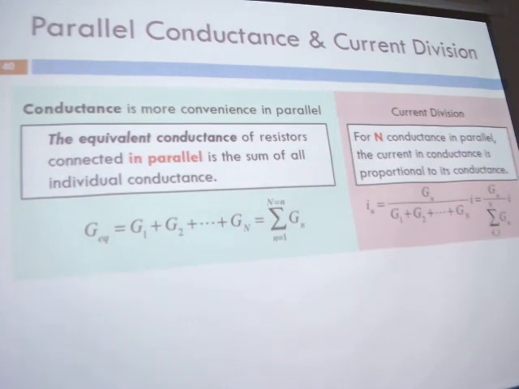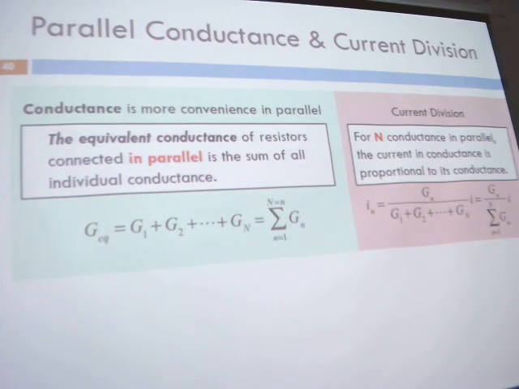And we also can find this expression is the same as the expression of resistances in series, right? Is it the same one? We just change the V to I. Clear? So that means if we use the conductance when resistances are connected in parallel, we have less work to remember equations.